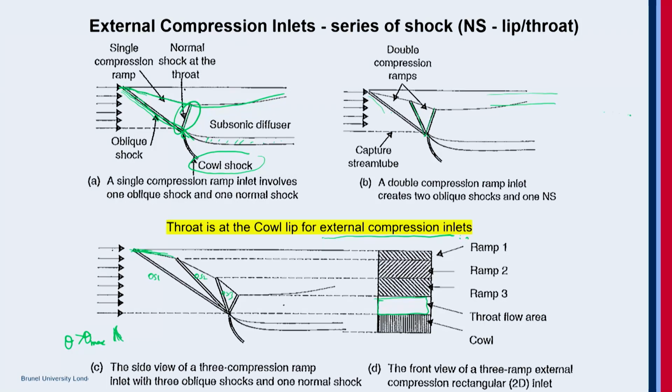There will not be any oblique shock solution, as we saw this morning. So there is a limit up to which you can turn the flow. If you want to go for higher Mach numbers, then you cannot use the external compression ramp. Maybe up to 2.5 is the best with external compression ramps.